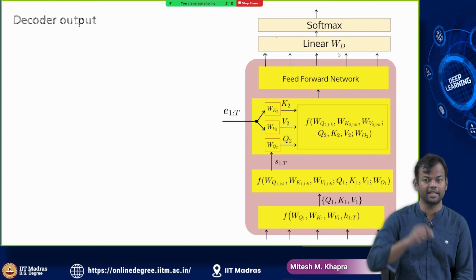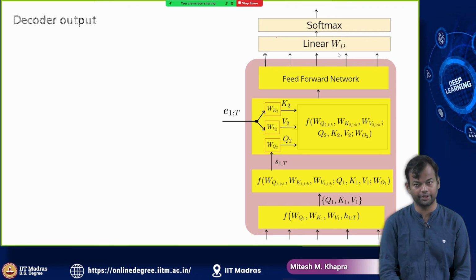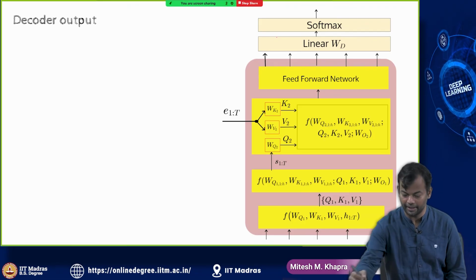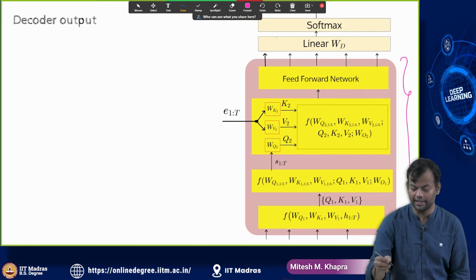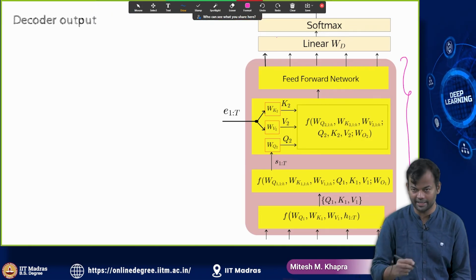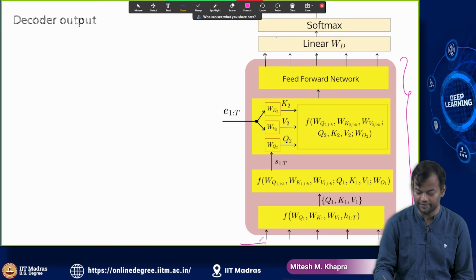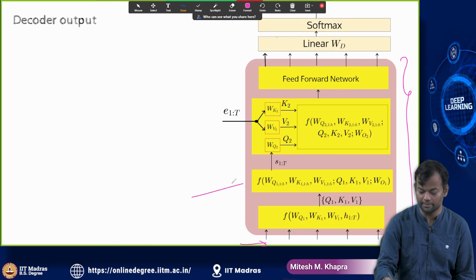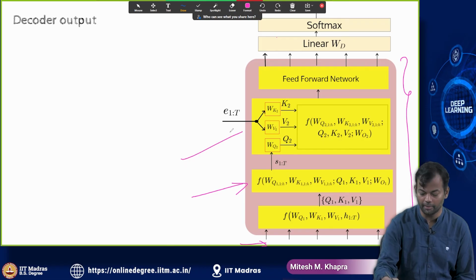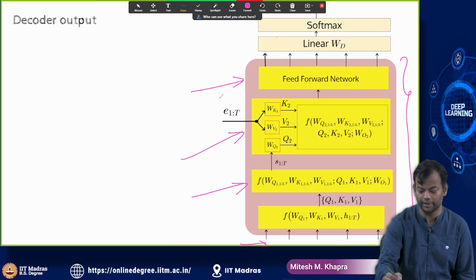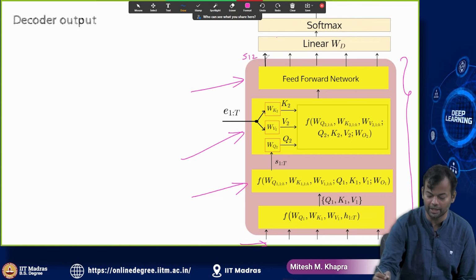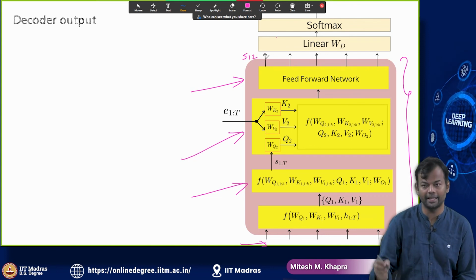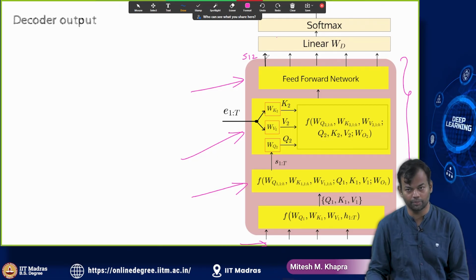Now the last detail that we need is the output from the decoder. So you have multiple such layers within the decoder, right? And let's assume this is the last layer, which again has the same identical structure. It receives the inputs from the previous layer. It has the masked self attention, masked cross attention, then the feed forward network, and then whatever comes out, right? So suppose you get these 512 dimensional embeddings, and at each stage you want to predict what the next output is going to be.